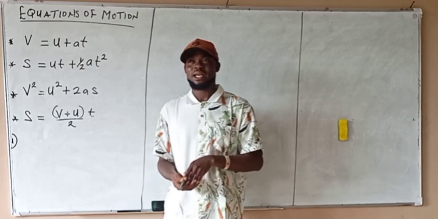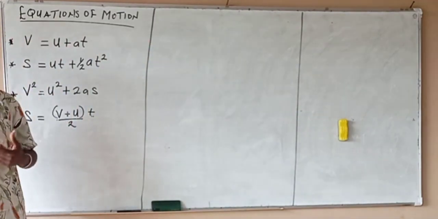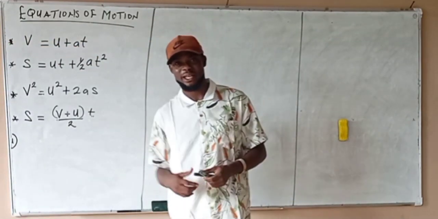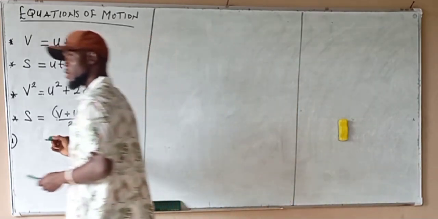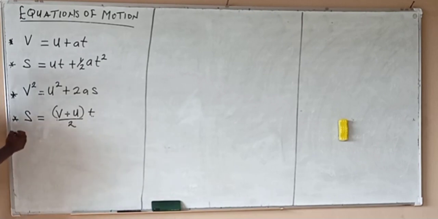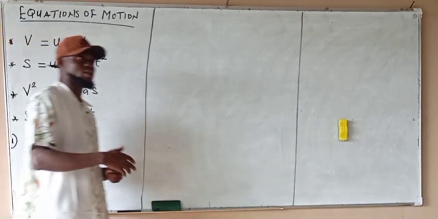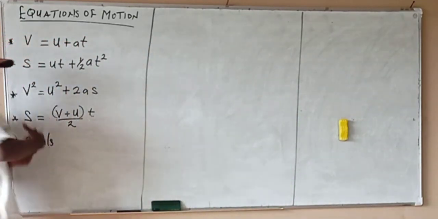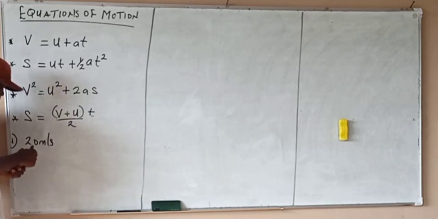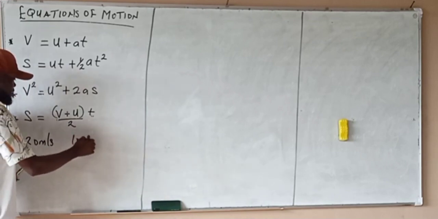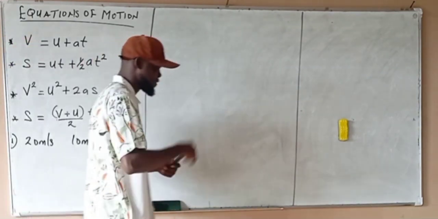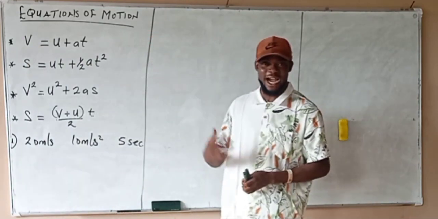Now, let's look at this first question. What will be the final velocity of a car whose initial velocity was 20 meters per second and accelerated at a rate of 10 meters per second square in 5 seconds?